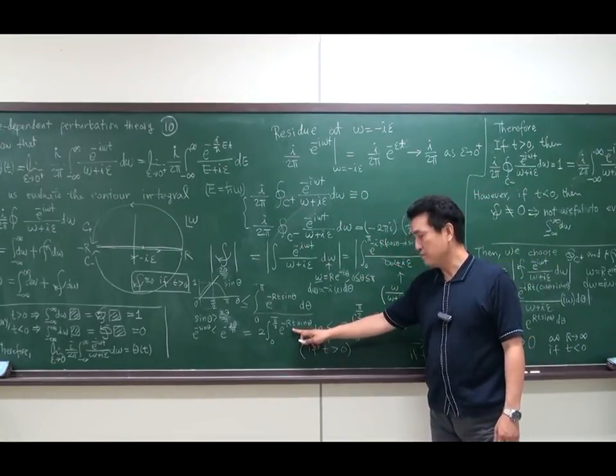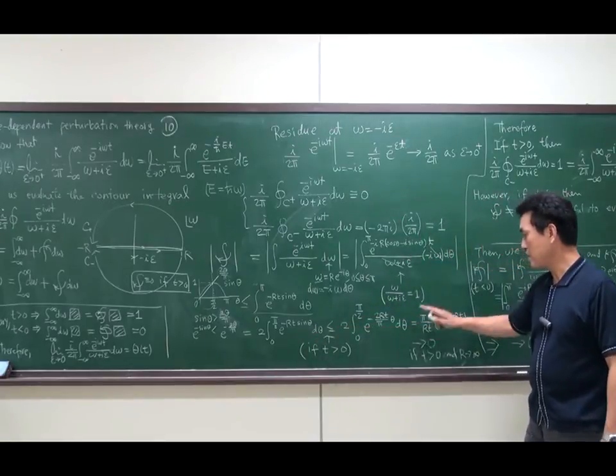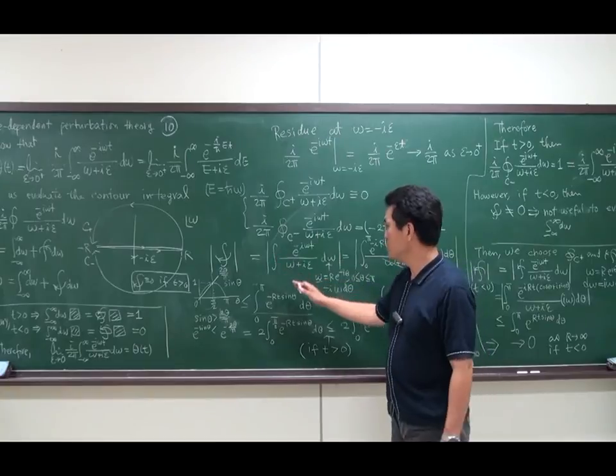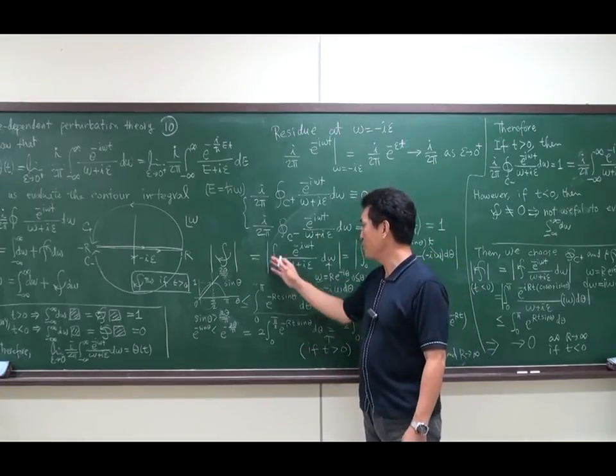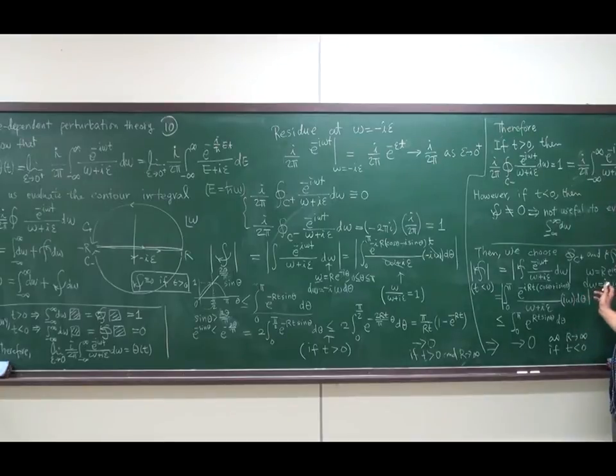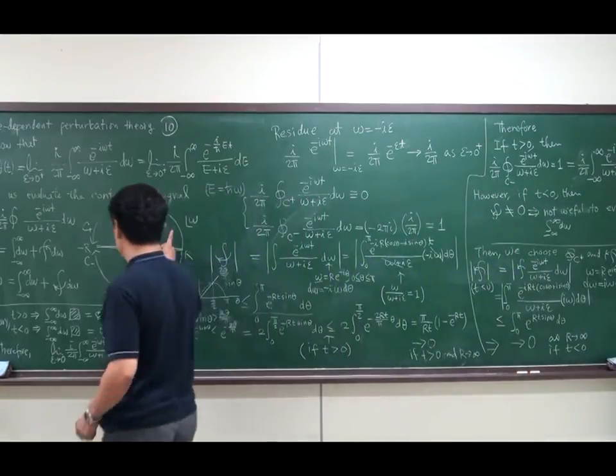For positive t, we made use of this kind of inequality to find that the absolute value of this integral vanishes, therefore this value vanishes. But in case t is negative, we follow a similar method to find that this integral vanishes on the upper half plane.